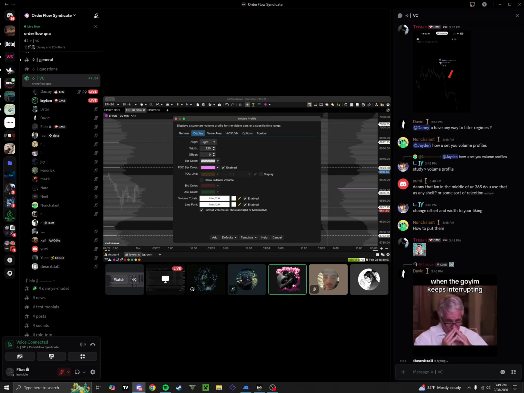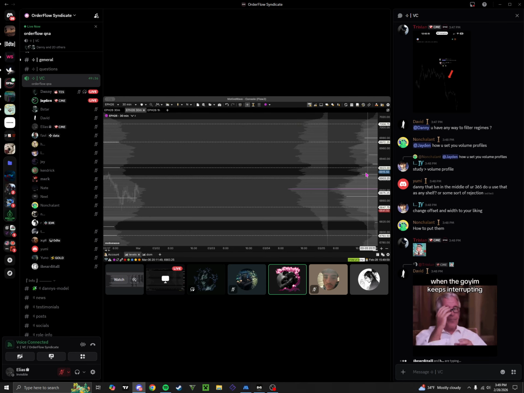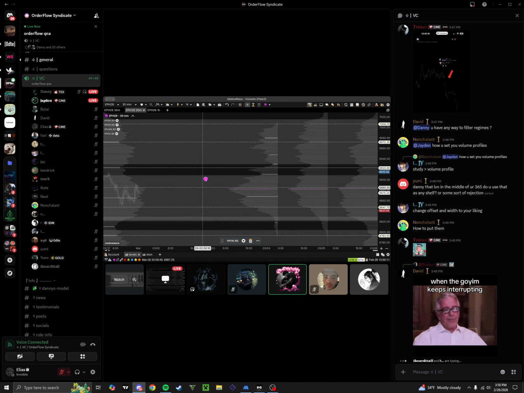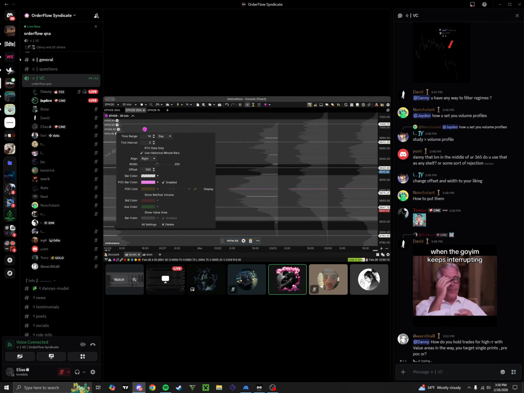Whenever you first add it on, it's going to be all the way to the right. But what you have to do is go to the setting that says offset, this one right here. I forgot exactly what it was at, but just play around with it. I think it was at like 500. Just play around with it until it's far enough on the screen.